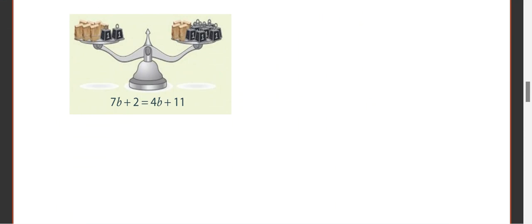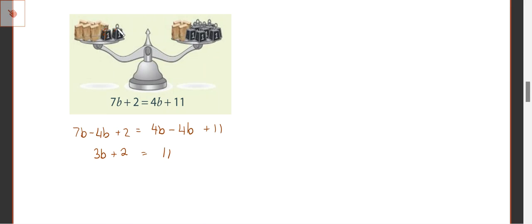Alright, so I'm recording. What do we do first? Well, we've got fewer bags on this side than that side, so we get rid of those. So we're going to take away 4 bags, and on the other side, I'm also going to take away 4 bags. Notice how I'm doing it without having to cross out my diagram now. That leaves me with 3 bags plus 2 weights is equal to 11 weights. What do I do now?